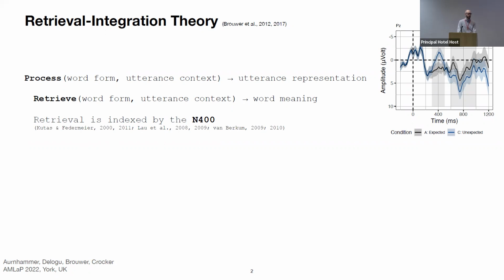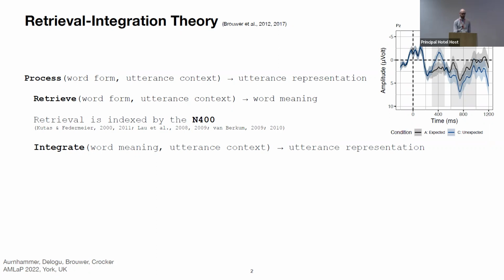And second, the integrate function takes the retrieved word meaning, again makes use of utterance context, and maps this to an updated utterance meaning representation. And here I should say that it's really the utterance meaning representation which feeds back into both of these functions as utterance context. So this is how we capture context effects.